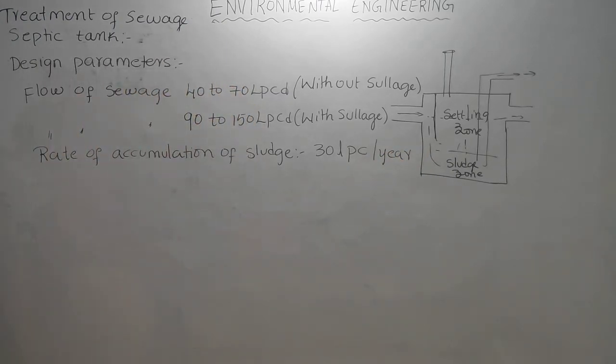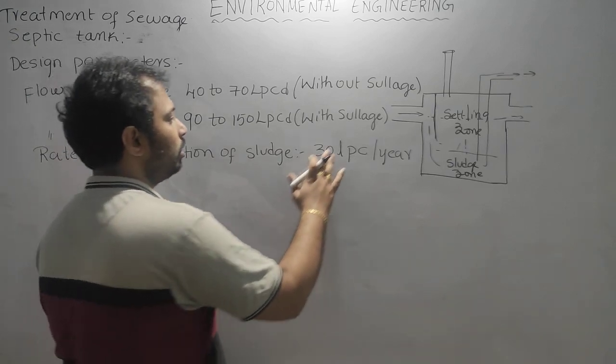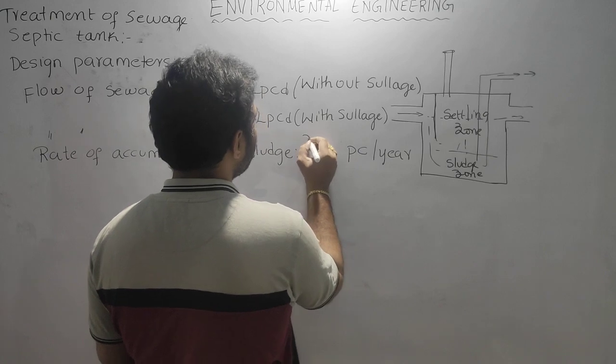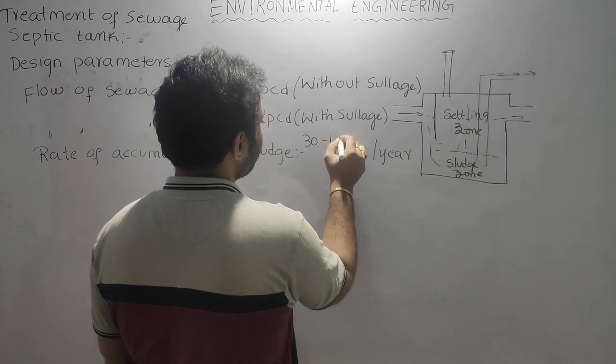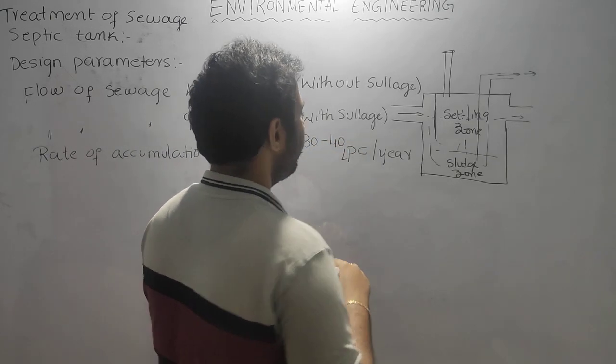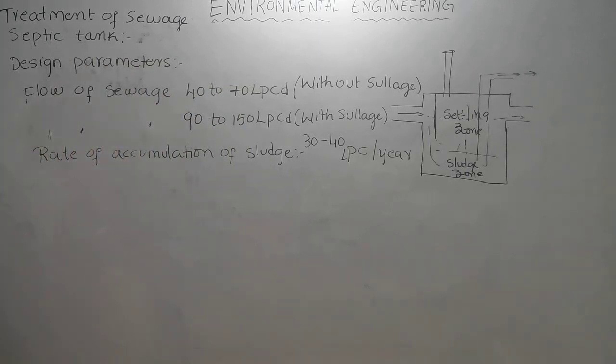That is the sludge production. Approximately it is 30 to 40 liter per capita per year.